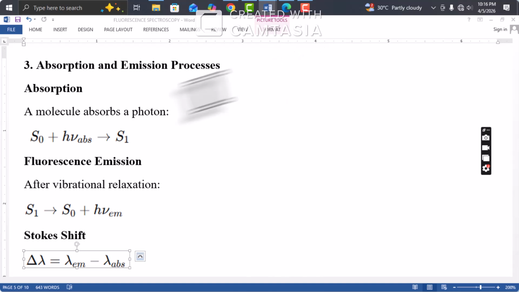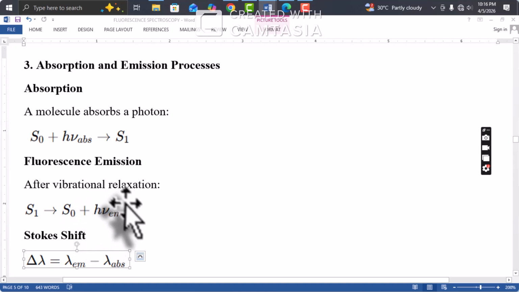Next, we move down to fluorescence emission here. Now for fluorescence emission, remember we are already at the S1 excited energy level. So S1, that's the excited state. After vibrational relaxation, the molecule will give off the energy in the form of an emission.